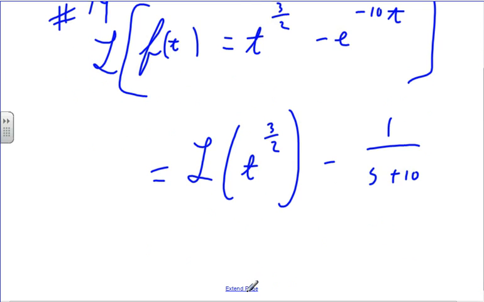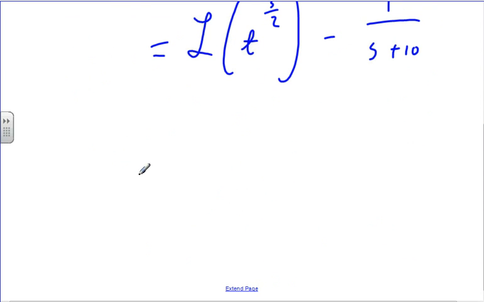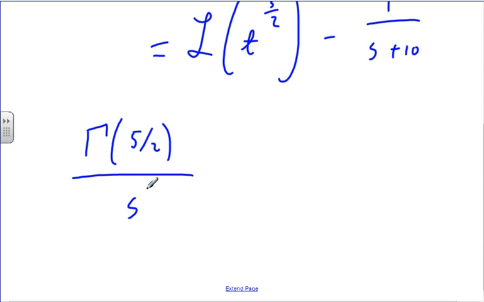So now I'm looking at the Laplace transform of t to the 3/2, and now I'm stuck. I'm going to have to find the gamma function of 5 over 2 divided by s to the 5/2.